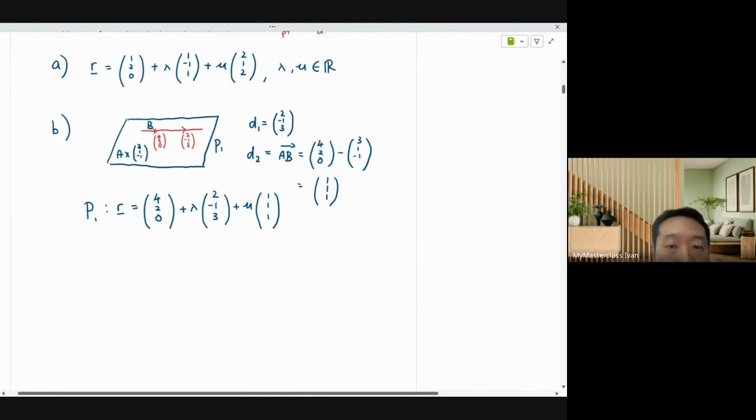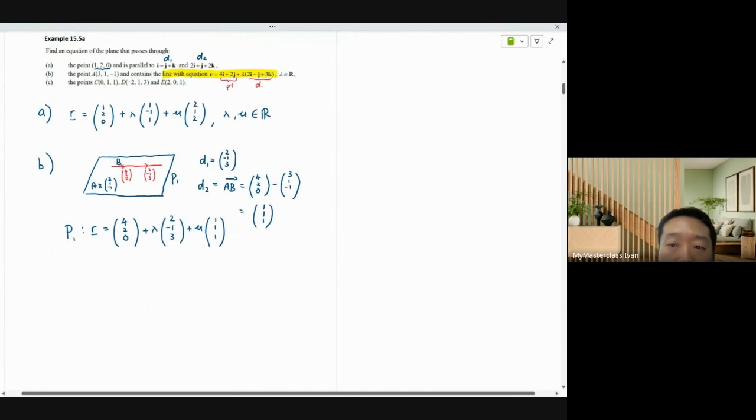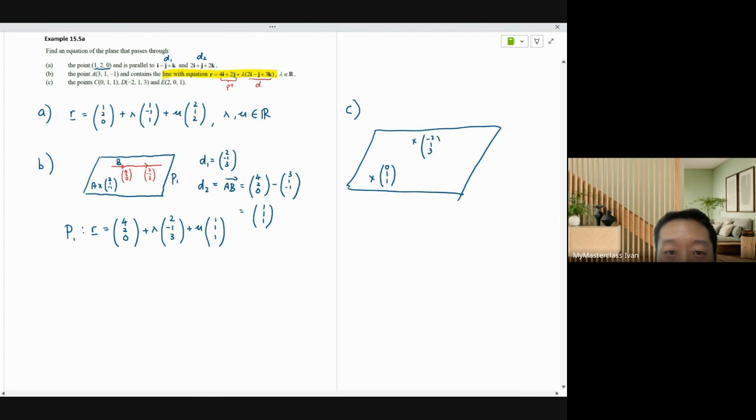And for C, again, let's draw a plane. Label this one (0, 1, 1) first, another one which is (-2, 1, 3), and another one that is (2, 0, 1).